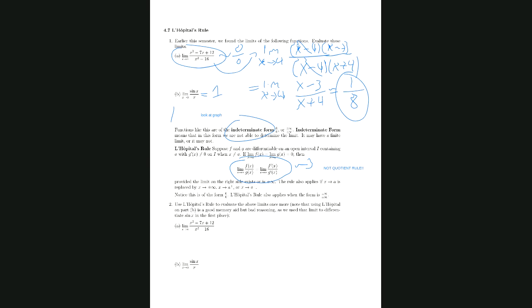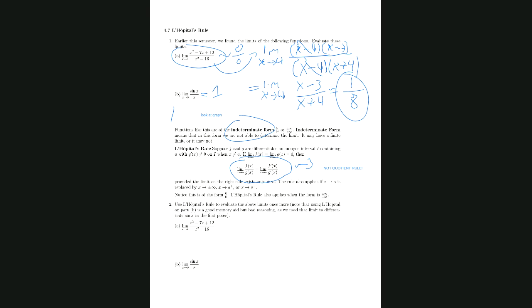So you take the derivative of the top and bottom individually, like maybe you thought the quotient rule should have been. Okay. So if you evaluate a limit and you get one of these indeterminate forms, then we can use L'Hopital's rule. All right. So we'll do that below, basically on the two examples that we just did.